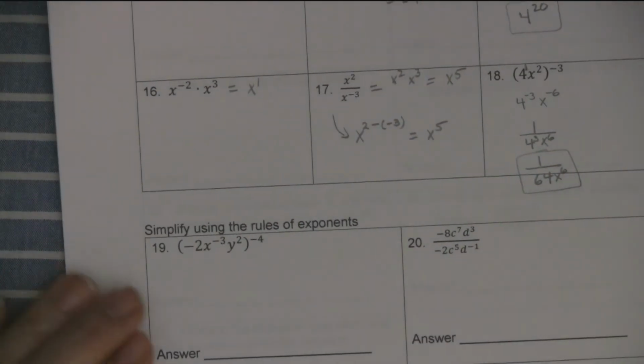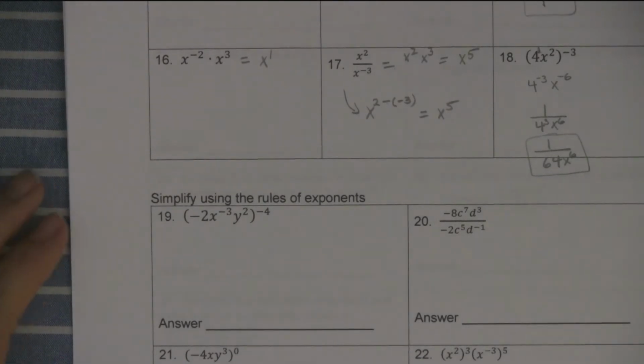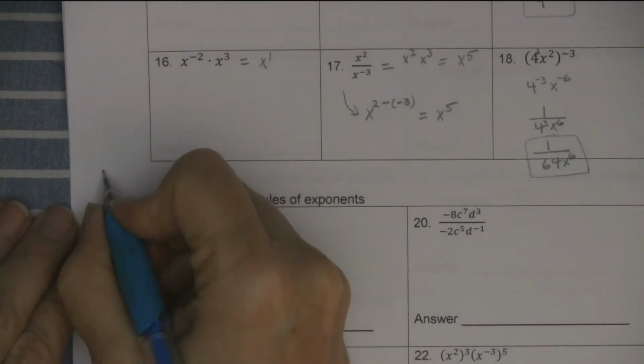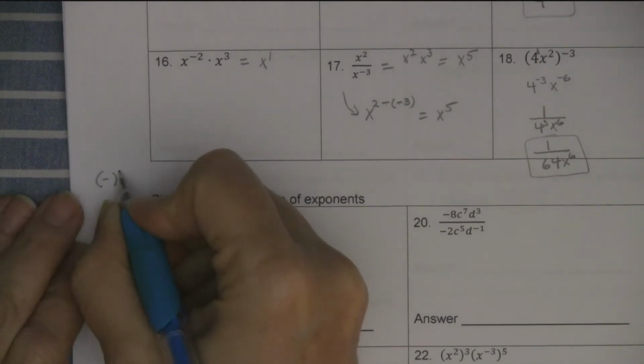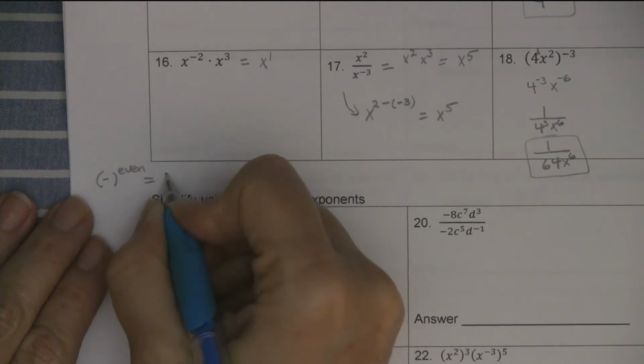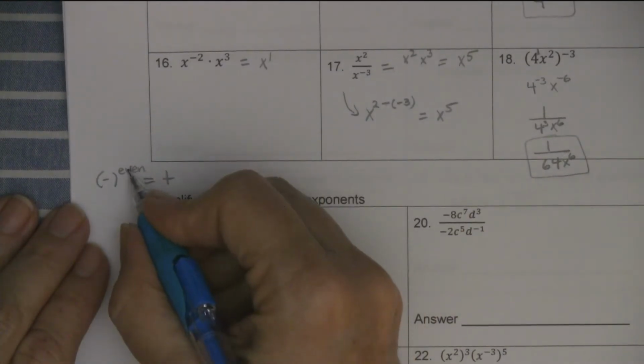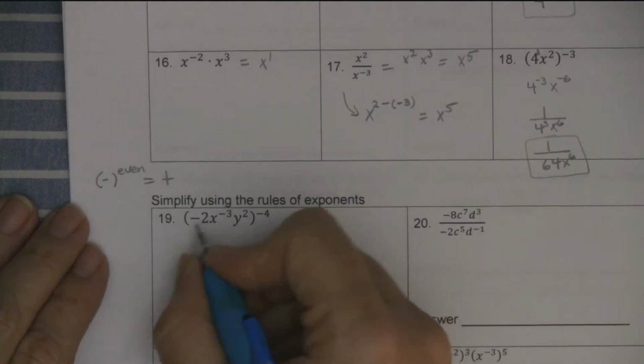So same kind of idea here. First of all, I'll tell you, a negative raised to an even power is equal to a positive, right? And that even power can be a negative. So if you have, I would raise all of these.